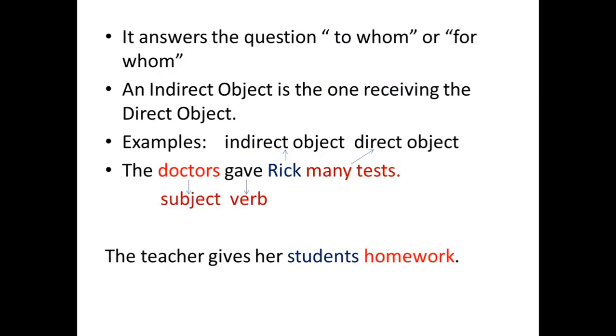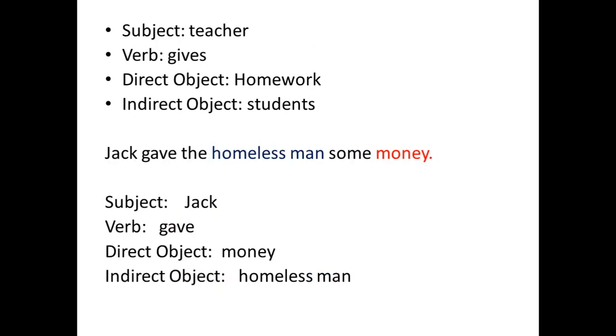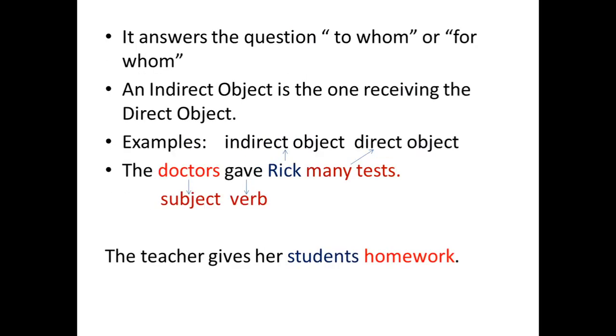Let's create the questions. We said that to create the question for direct object, we have to use what and whom. So let's do it. To whom the teacher gives homework? To the students. So students will receive the homework.